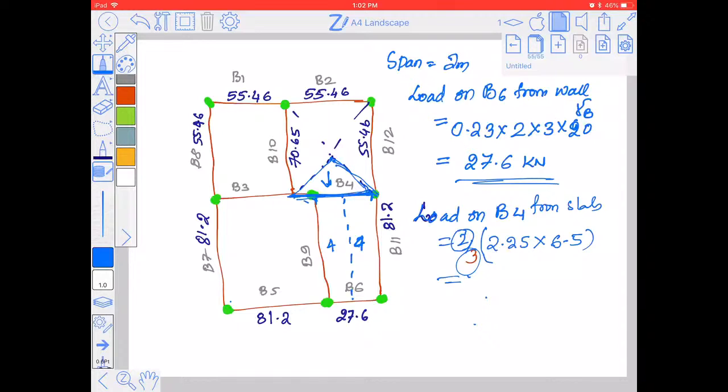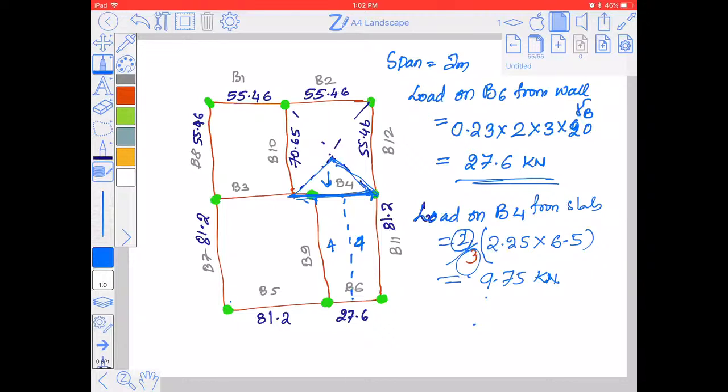That's why I am taking this portion 2 by 3. 2 by 3 into 2.25 into 6.5, how much is it? 9.75 kilonewton. It is the load carried by the beam B4.